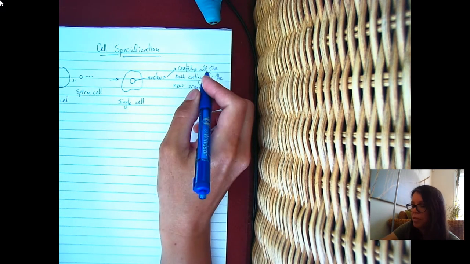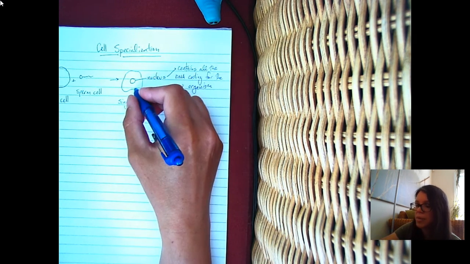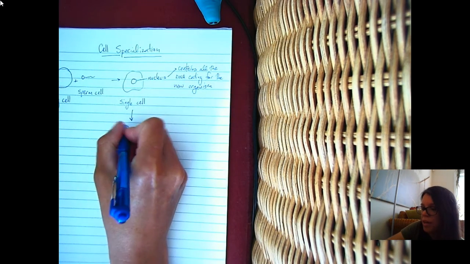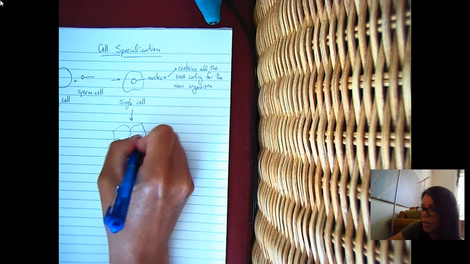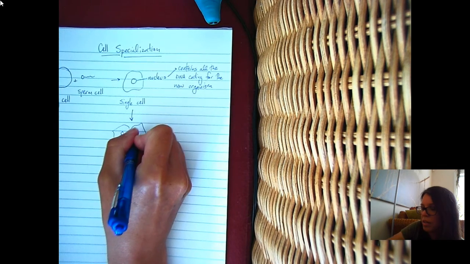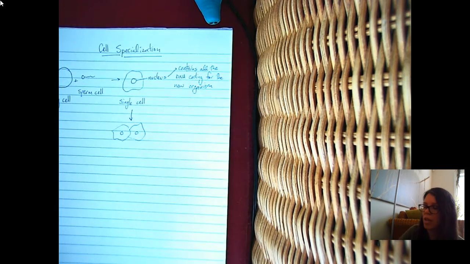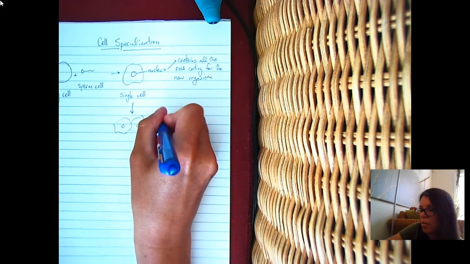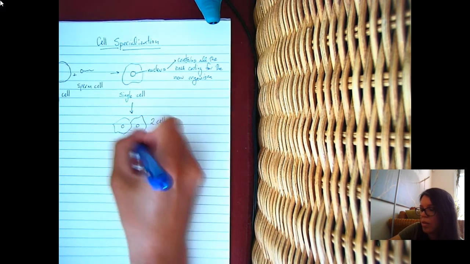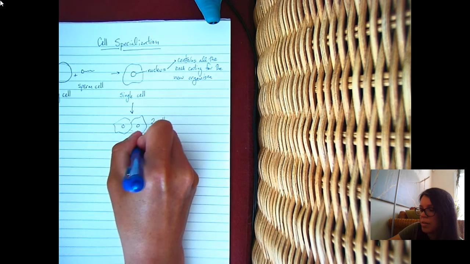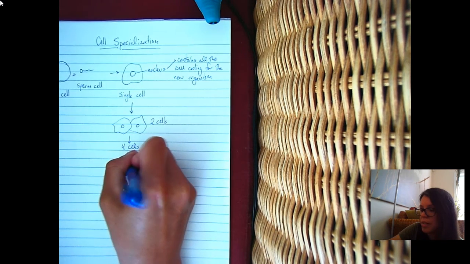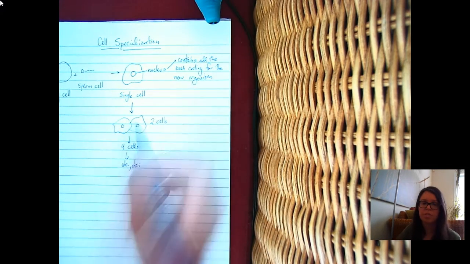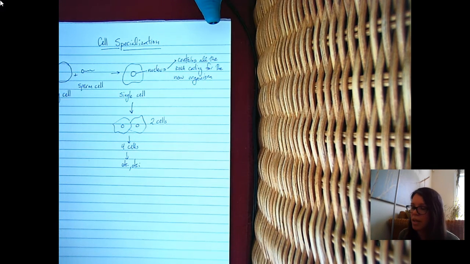Now, what's going to happen from here is this cell is going to divide, and you will have 2 cells. Okay, and that will become 4 cells, etc., etc. This process of division is going to be what Friday's lesson is on.